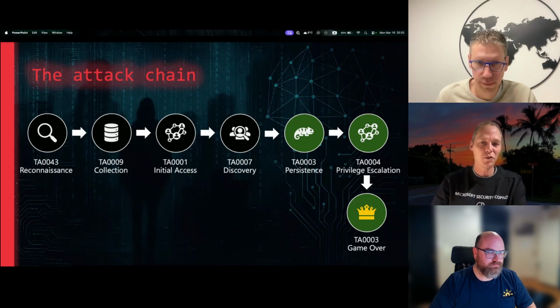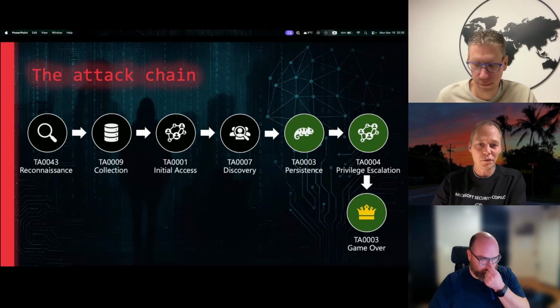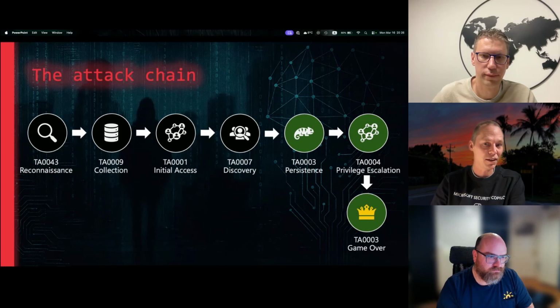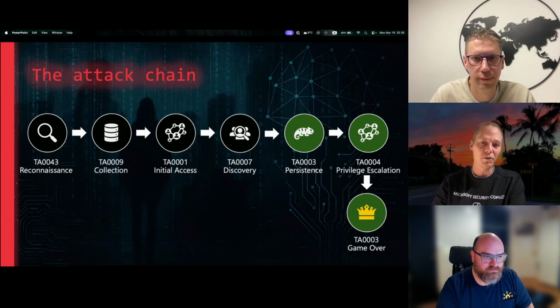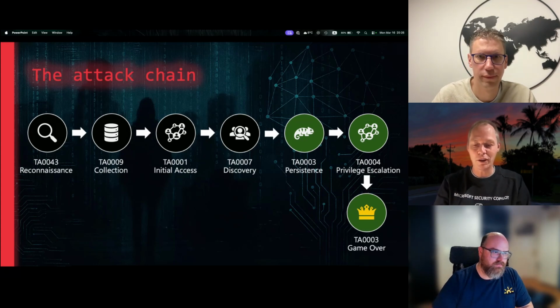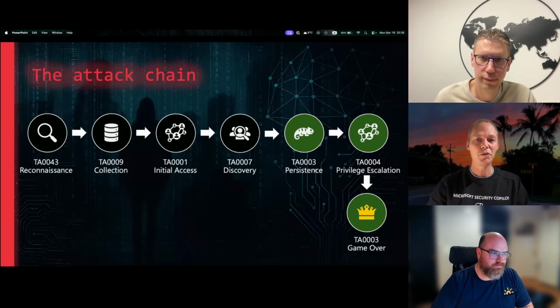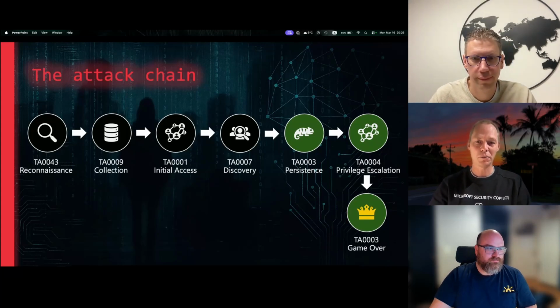As an authenticated user, we were able to discover the Azure files that were also attached to the same storage account. And as an authenticated user, we were able to download even more files. Then we went into Azure and looked for the information that we could find within Azure. There we found a very valuable user-assigned managed identity that we could use to elevate its own permissions. So let's see how we can continue from there.